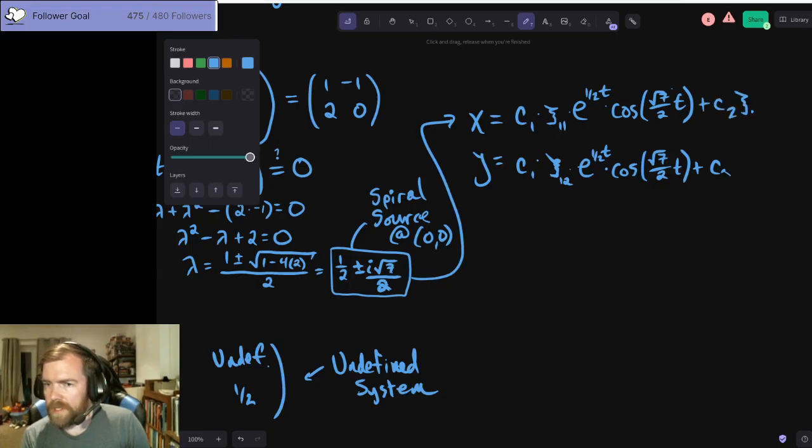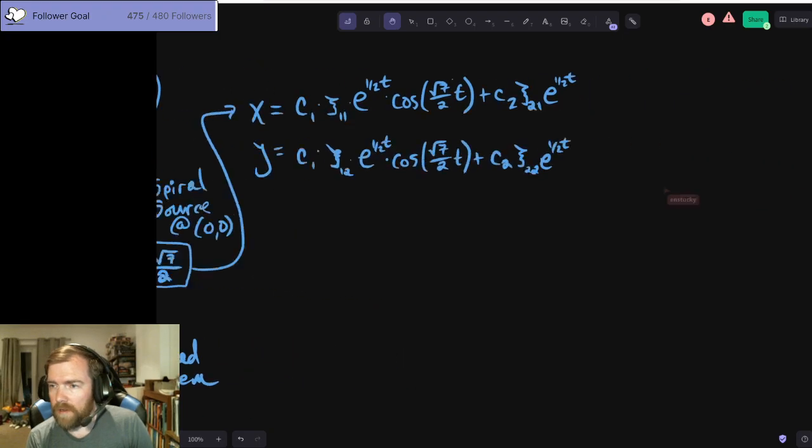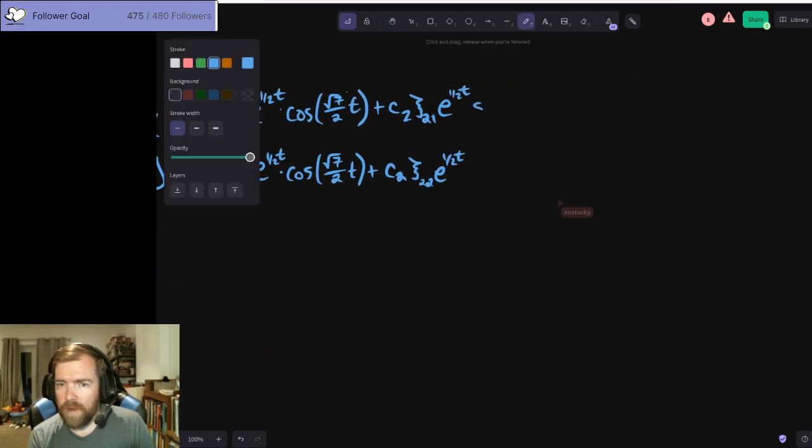That's going to be C21 and C22, times e to the 1/2 t, then multiplied by our sine of root 7 over 2 t.